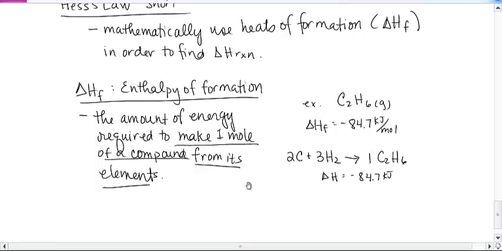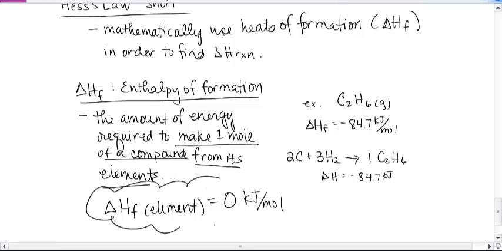There are no elements on that chart by itself. Because the delta H for formation of an element is defined to be 0. Like there is no energy for the heat of formation of an element. So they don't put the elements on the table.